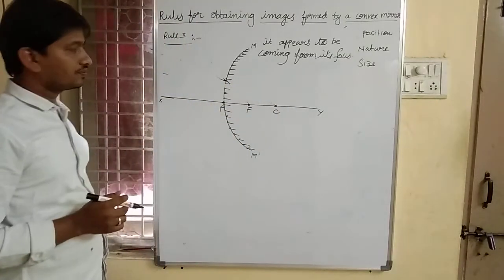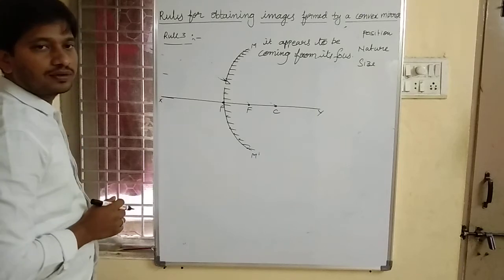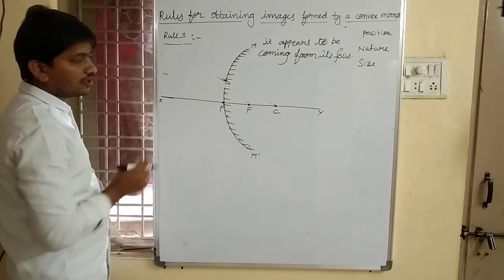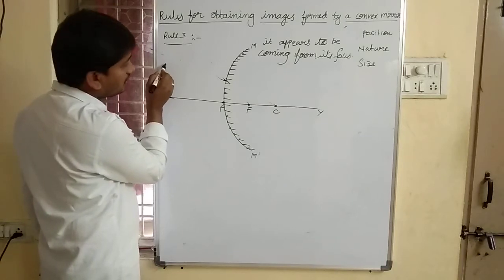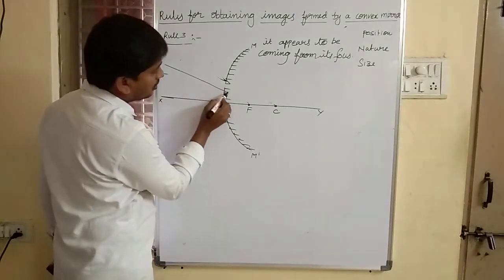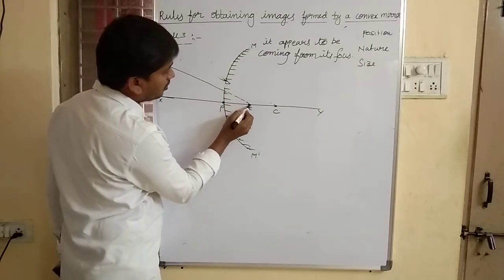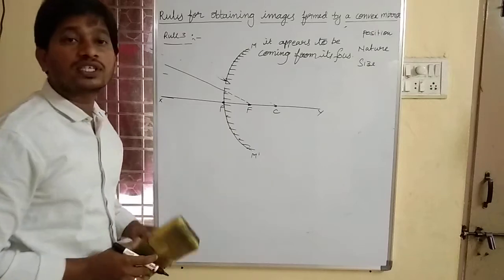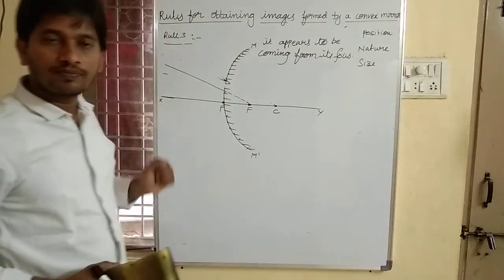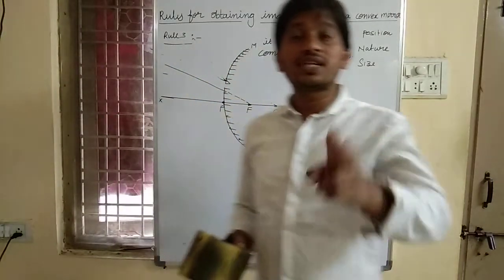Rule number 3. If a ray of light is going towards the focus of a convex mirror, going towards the focus. Rule 2 is going towards the center of curvature.